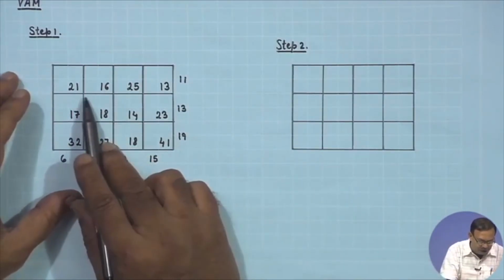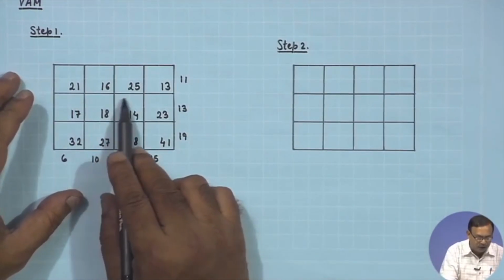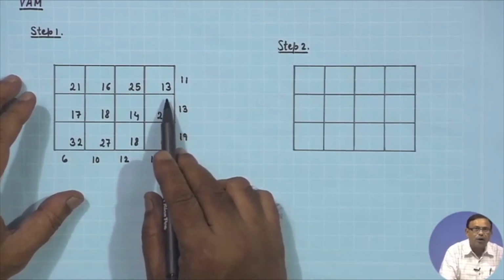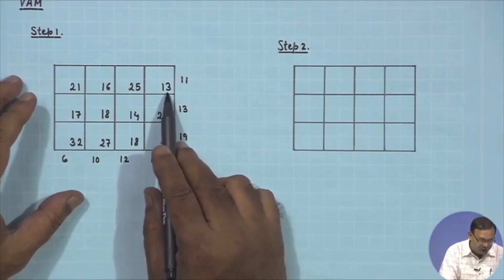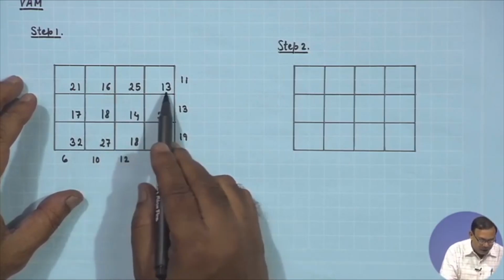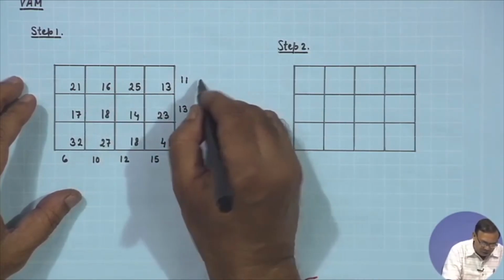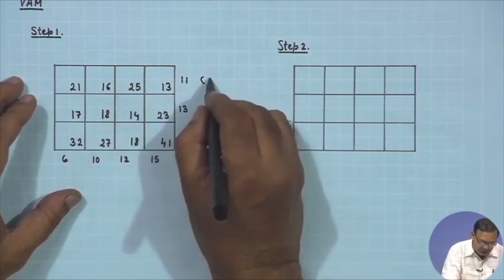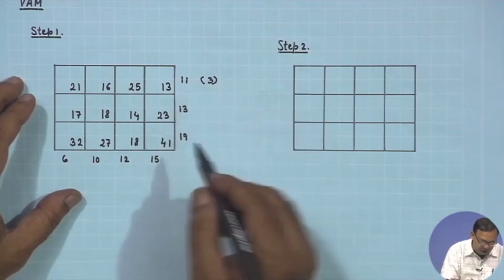If you see this row, the elements are 21, 16, 25 and 13. Smallest cost is 13 and second smallest is 16. Therefore, the difference of these two you write here within bracket. So, 16 minus 13, it is 3.